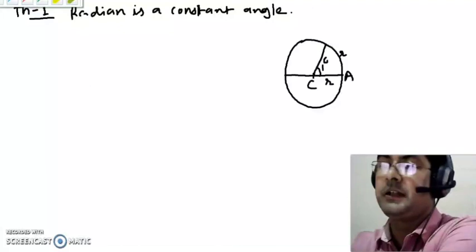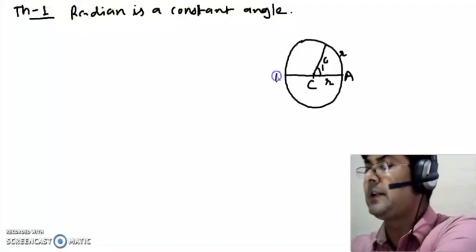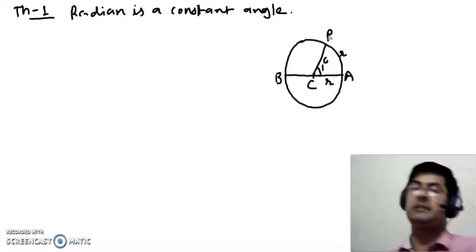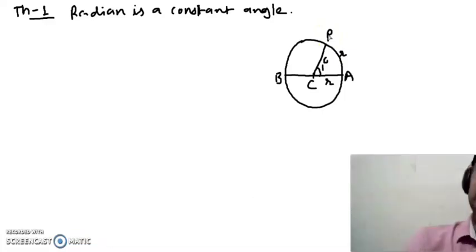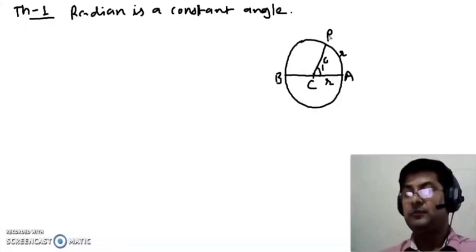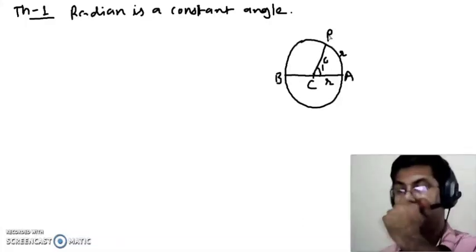Further, we will consider AB as the diameter and arc ACP, which subtends an angle of 1 radian at the center of the circle.